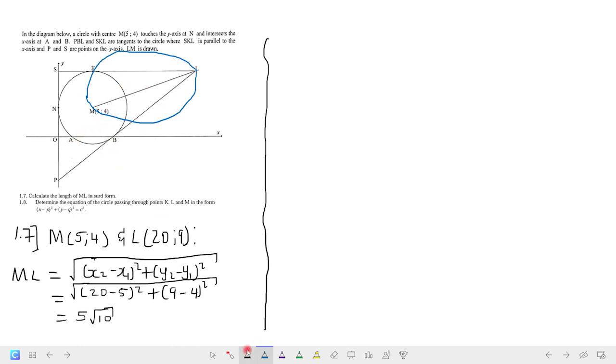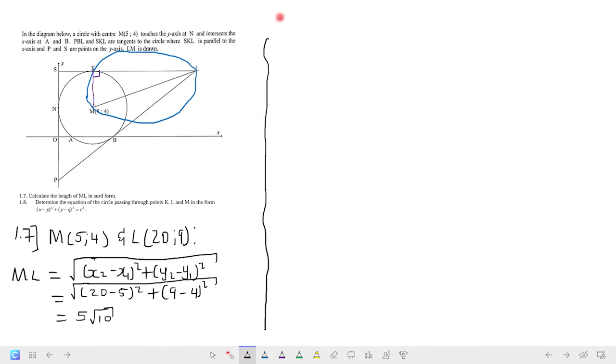Before that, if you remember, we were told that MK is a radius on this circle that we had earlier. But now, if you can see, this was the radius. So if you join that, you will notice that MK was perpendicular to SKL, right?